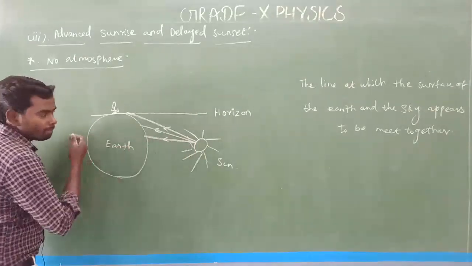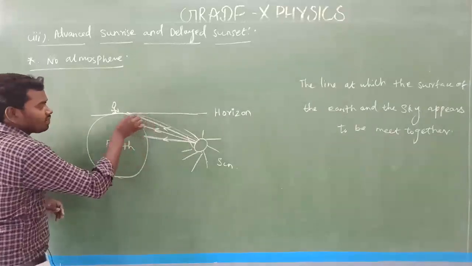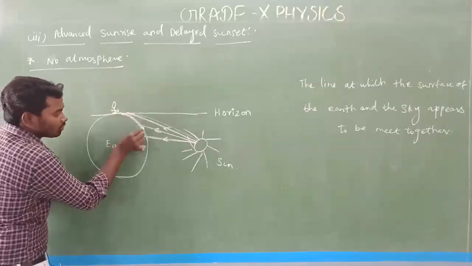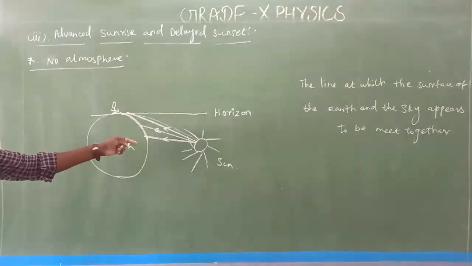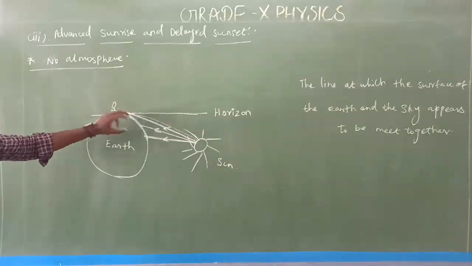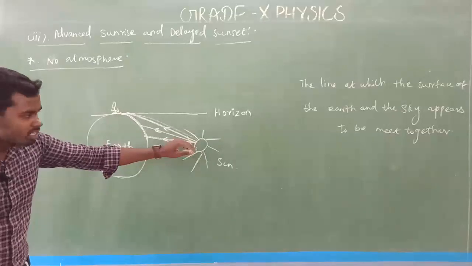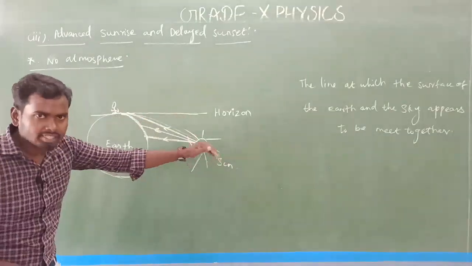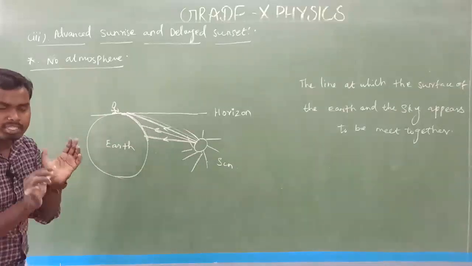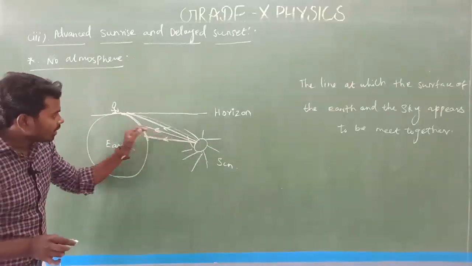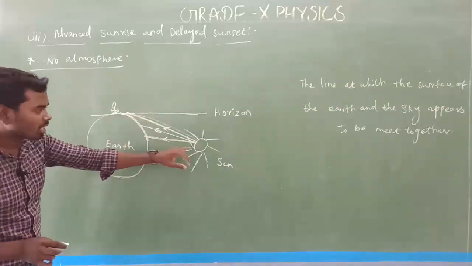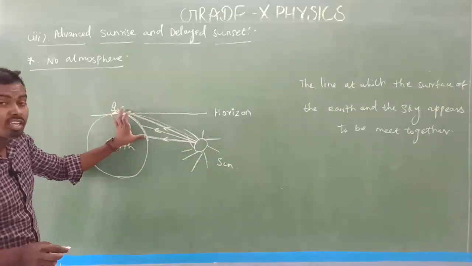The light rays are coming, but they are blocked by somewhere over the Earth's surface. Can you see clearly? Yes, these light rays cannot reach us because we are here. The sunlight coming from the sun below the horizon cannot reach us, which means we cannot see it, because the sunlight is blocked by the Earth's surface.